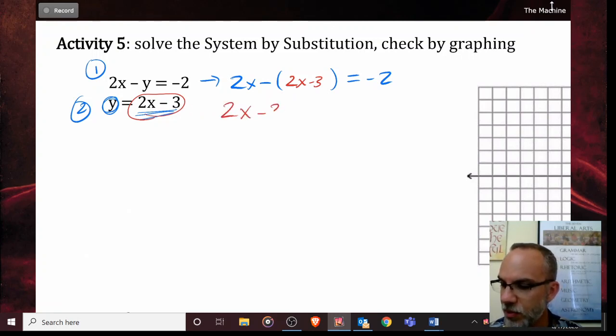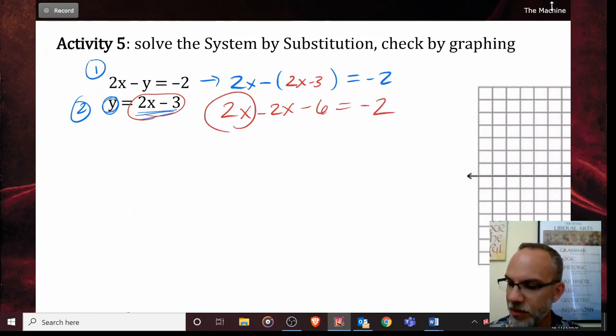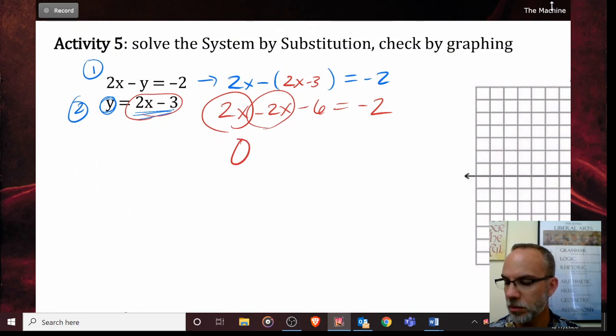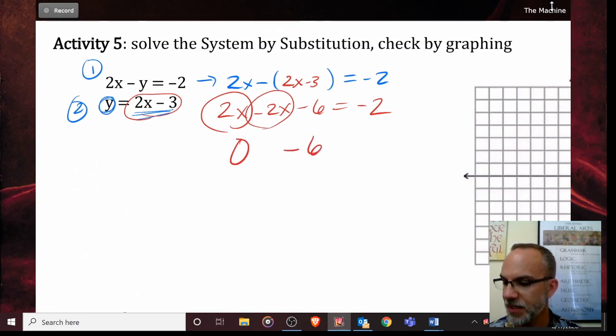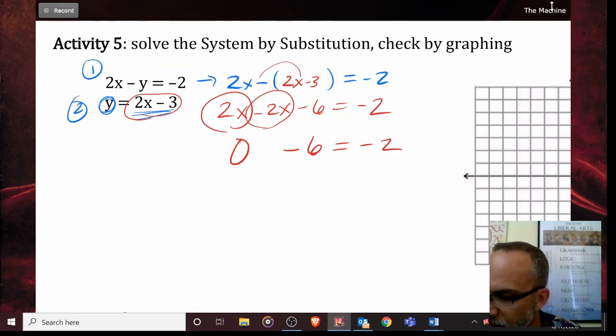And now I will simplify. 2x minus 6 equals negative 2. Okay, collect my like terms. Wait a minute. They cancel out. Positive 2x minus 2x is 0. Okay, so then minus 6 is equal to negative 2. No, it should be plus 6. I got to distribute that negative.